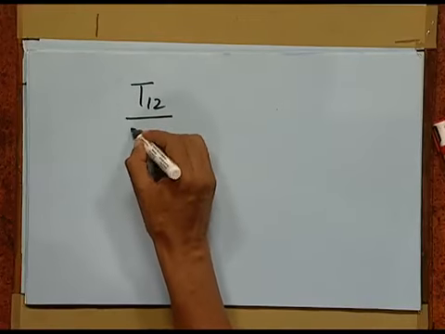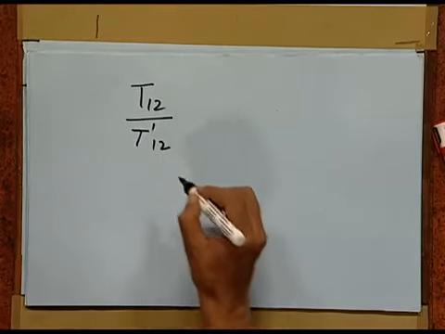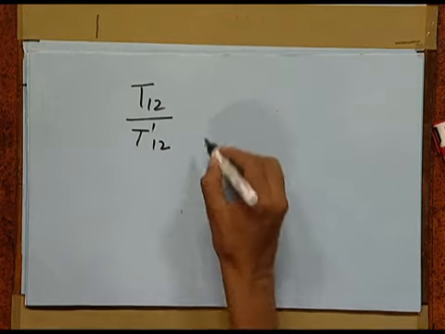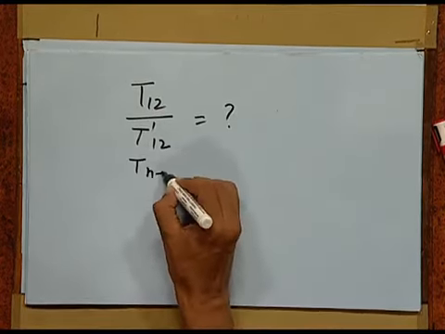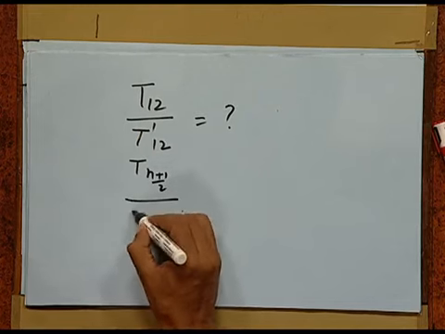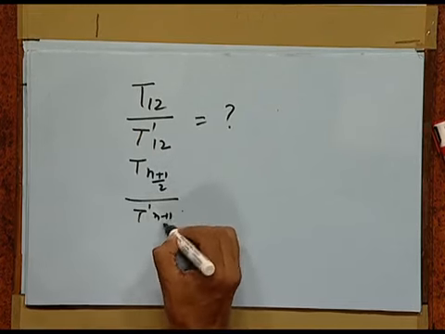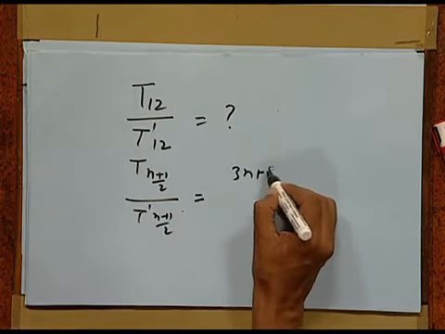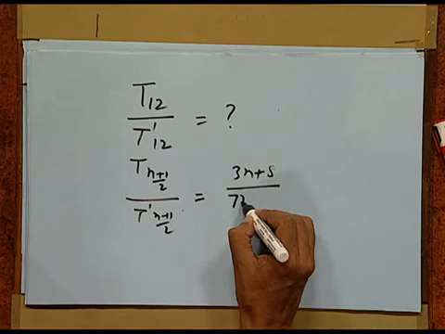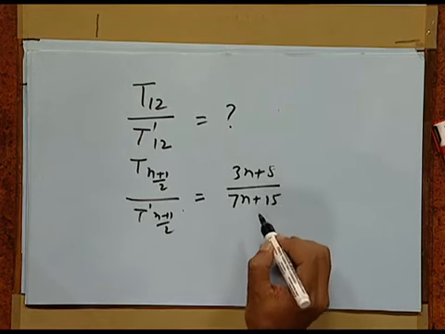Now we require the ratio T12 upon T dash 12. We have the formula for T of (n plus 1)/2 upon T dash of (n plus 1)/2 equal to 3n plus 8 upon 7n plus 15.